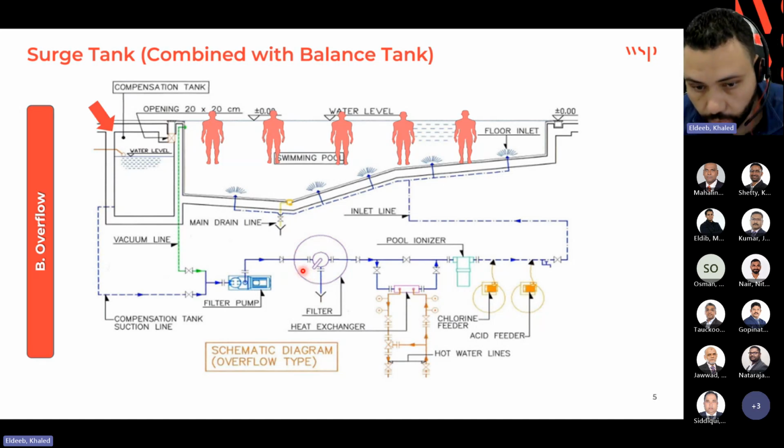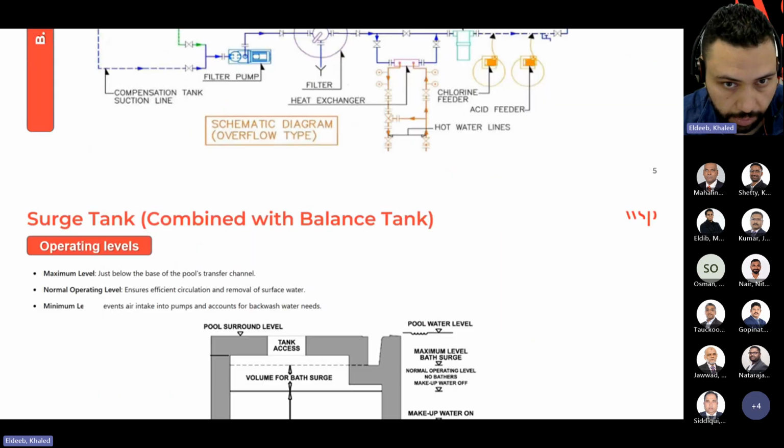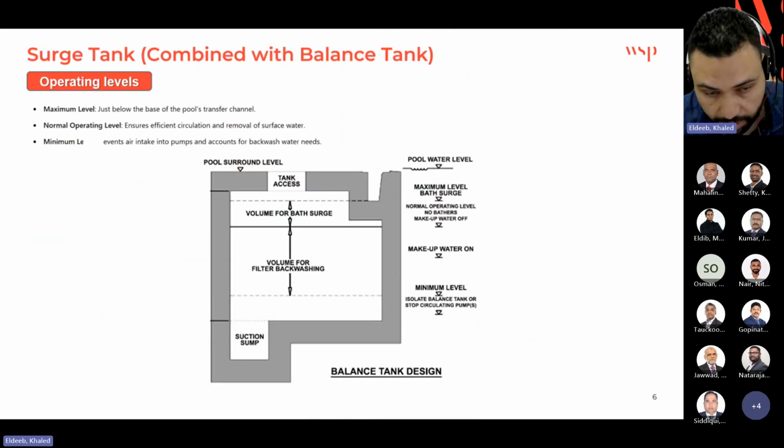And we learned also how to calculate the backwash volume, because we need it here to calculate the size of this tank, as we are going to see. A well-designed surge tank prevents water level fluctuation and maintains proper hydraulic efficiency and proper circulation in the system. So the tank must have three operating levels, as we see here.